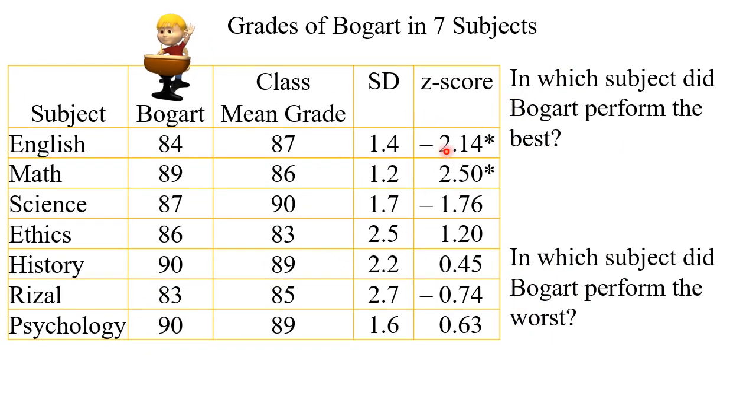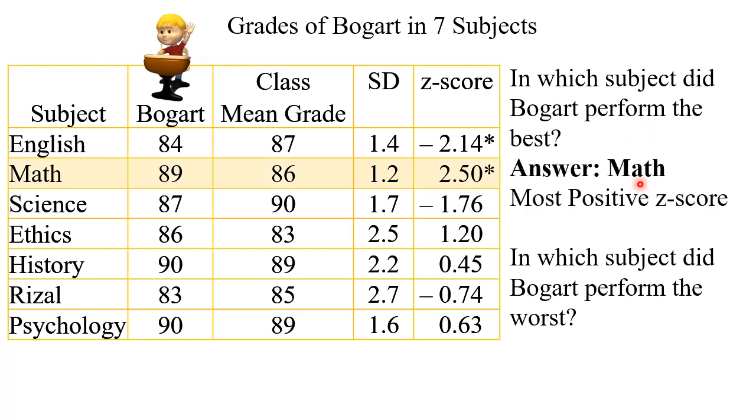Now, in this case, these are already the converted z-scores when we convert the grades of Bogart individually. So in which subject did Bogart perform the best? All you have to do is look at the highest z-score. The most positive z-score is 2.5, therefore he performs the best in math, although his grade is 89 compared to the other subjects.